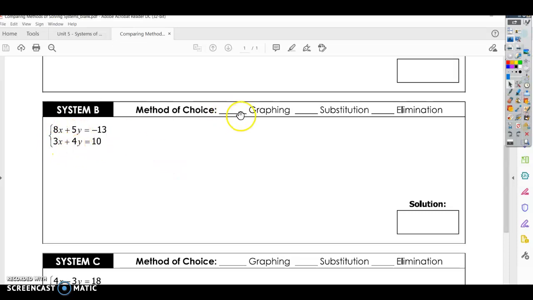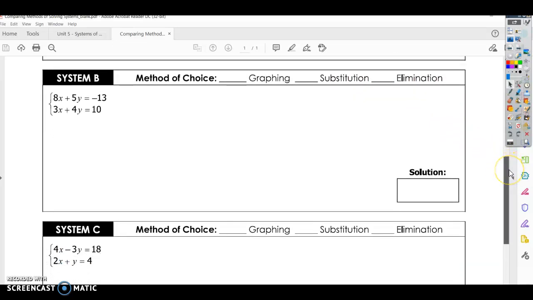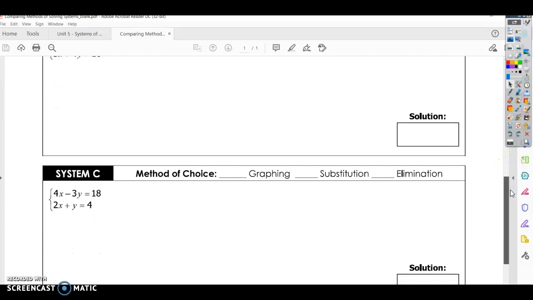So that means graphing is going to be harder because you have to solve for each equation, and substitution as well. So for B, elimination is probably the best method, just to clean it up and make it happen a little quicker. And then system C, this one has a y by itself, so this one probably leads more towards graphing or substitution as well.